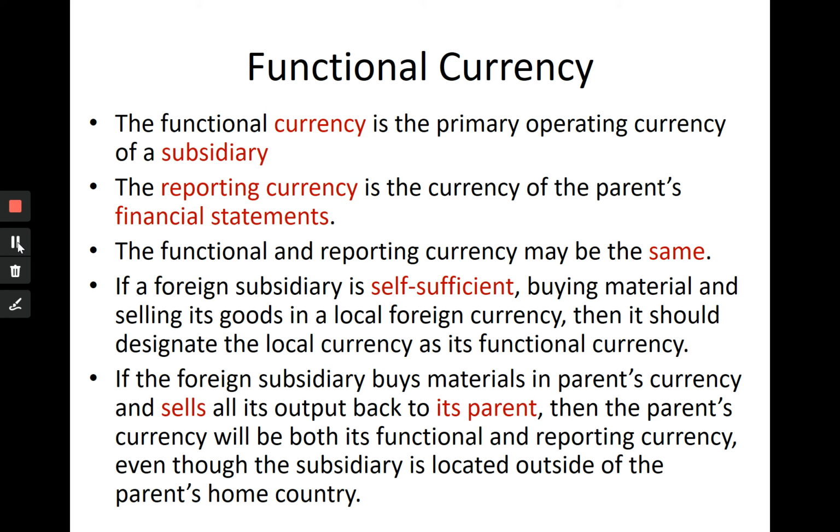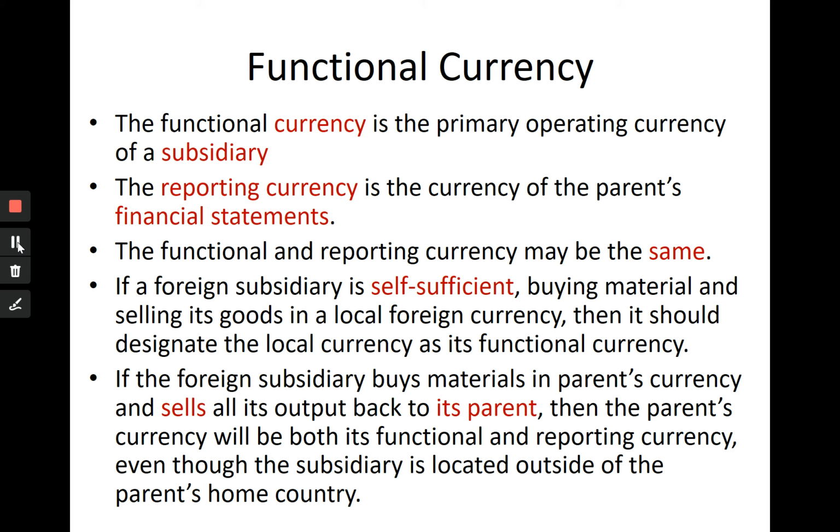The functional and reporting currency may be the same. If a foreign subsidiary is self-sufficient, buying material and selling its goods in a local foreign currency, then it should designate the local currency as its functional currency, and then we have these translation methods and what you have learned in this chapter.